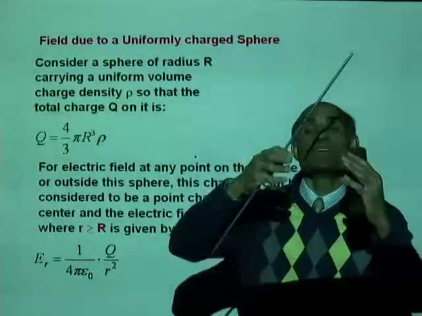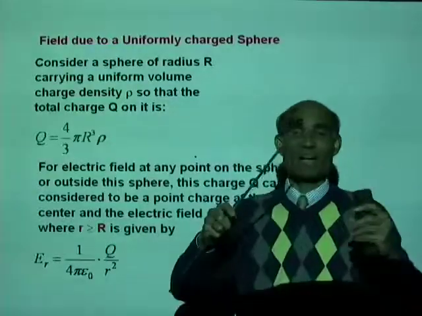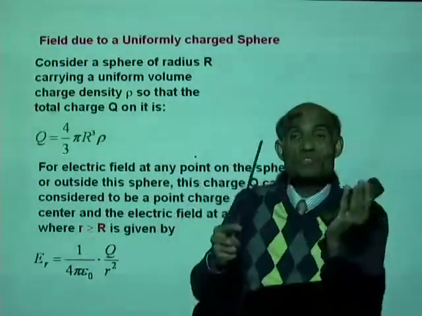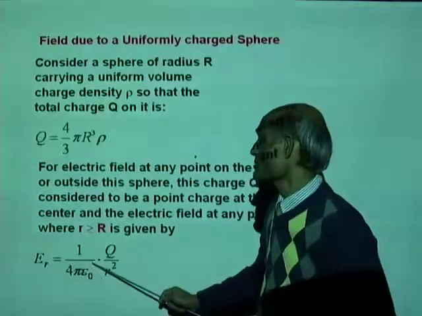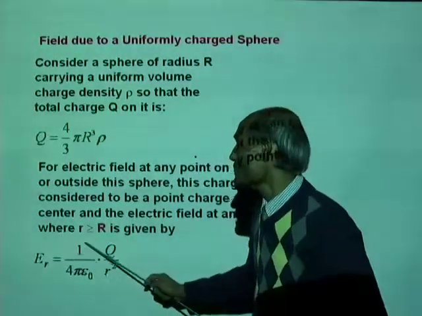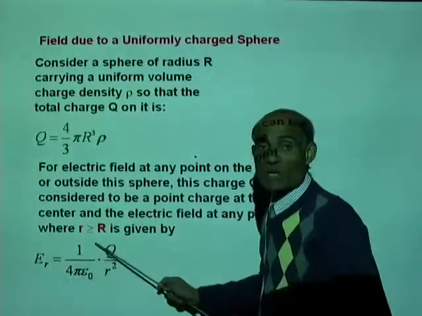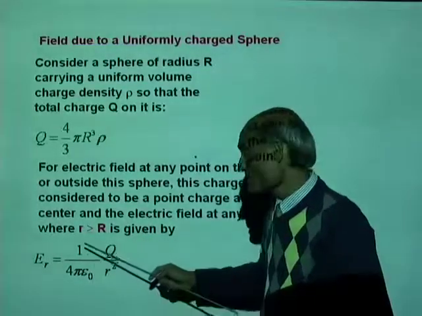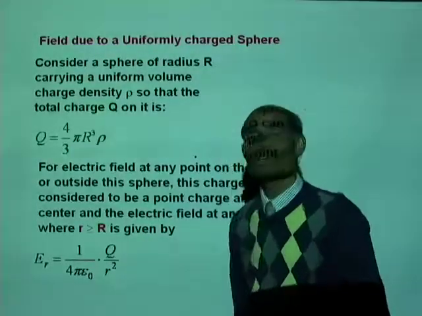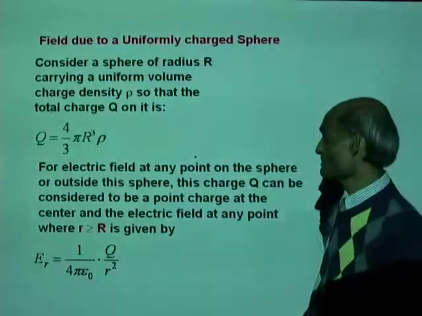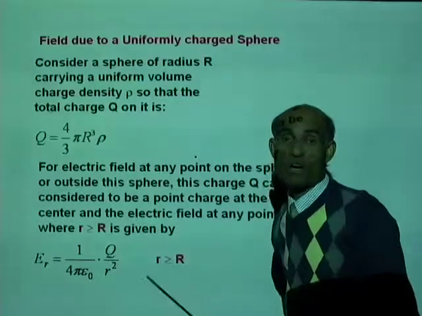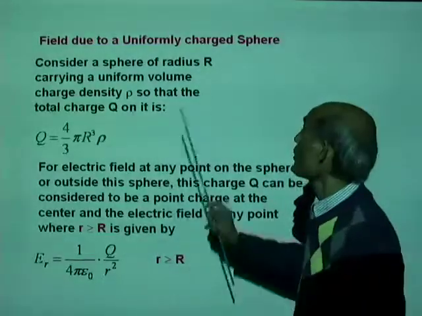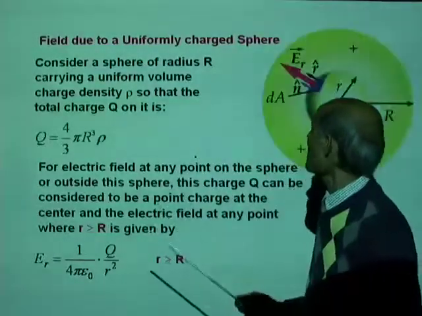In other words, at a point on the surface of the sphere or anywhere outside it, the electric field will be E_r equal to KQ over r squared, where K is 1 over 4 pi epsilon naught. So this is for the distance r greater than the radius of that sphere.